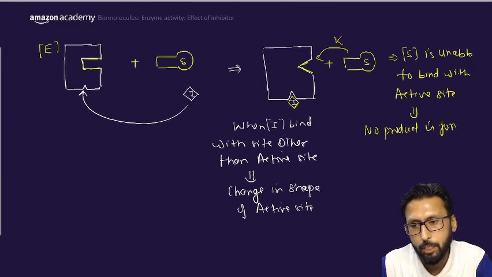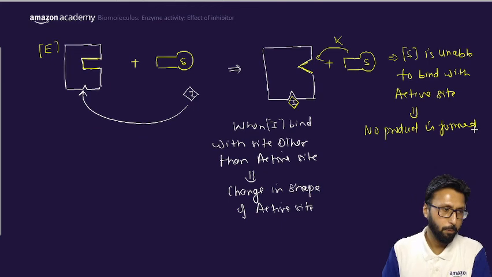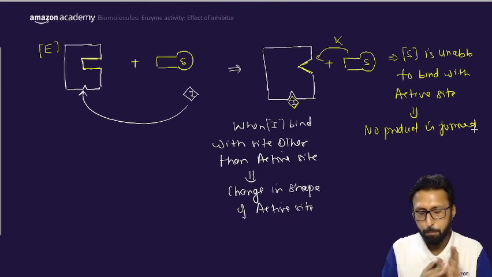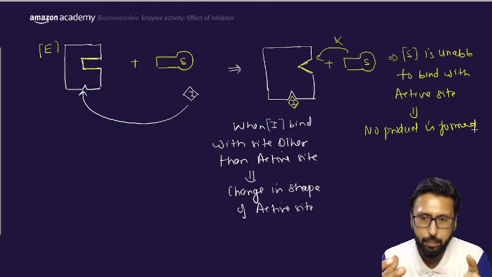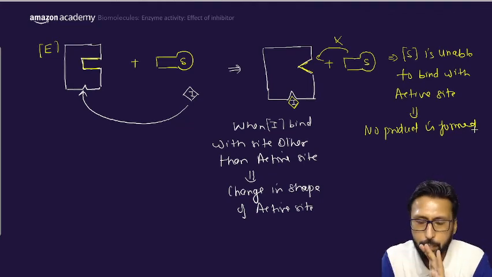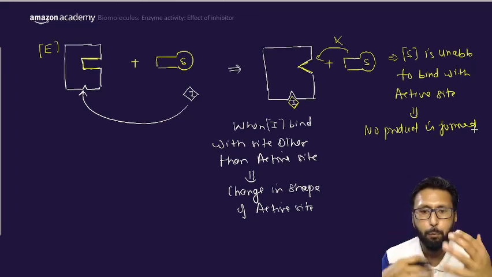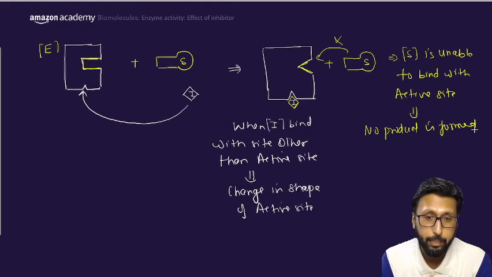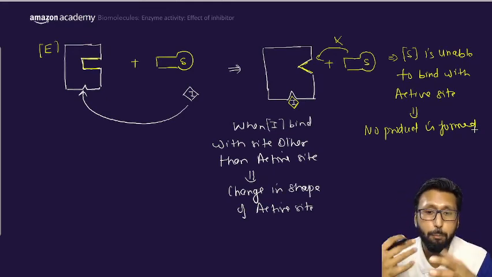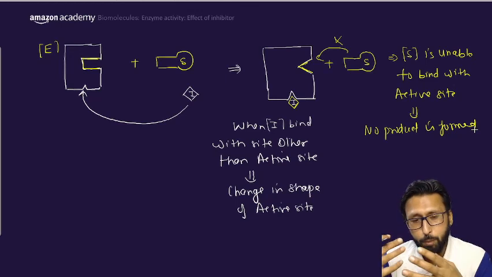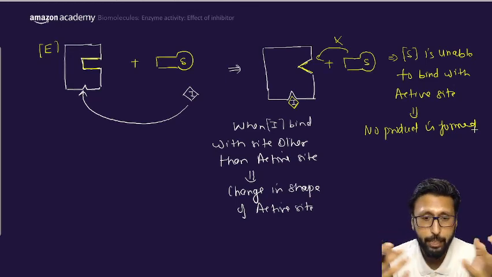So this is non-competitive inhibition. To put it in simple words, in competitive inhibition, both inhibitor and substrate are structurally similar, so both of them can bind with the active site. It only depends on the concentration. If the substrate is more, the probability of binding of substrate with the enzyme is more. If the inhibitor is more in concentration, the probability of colliding of inhibitor molecules with the enzyme is more.